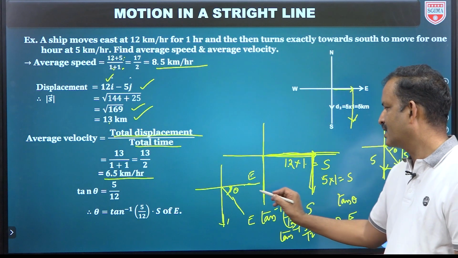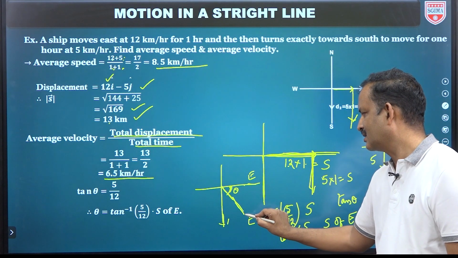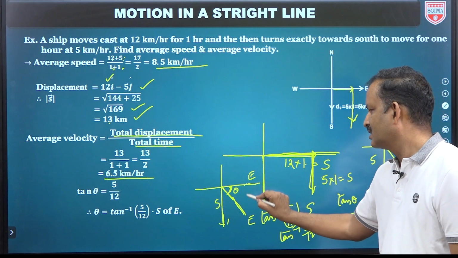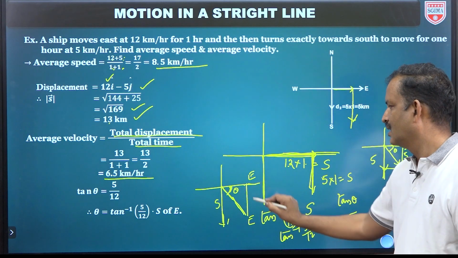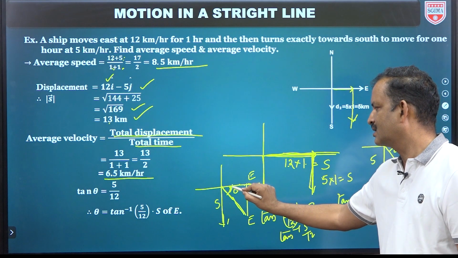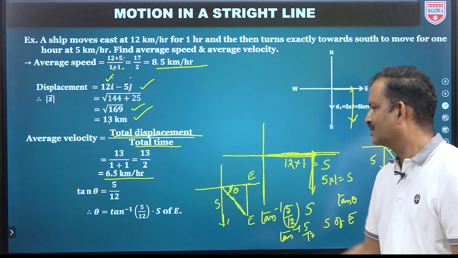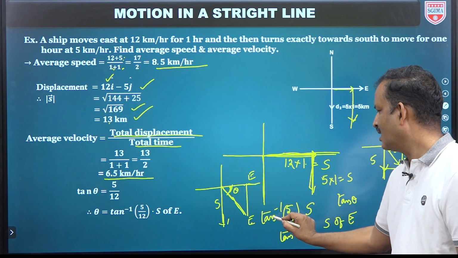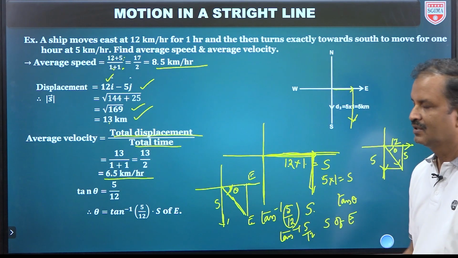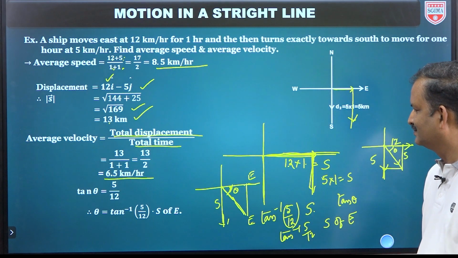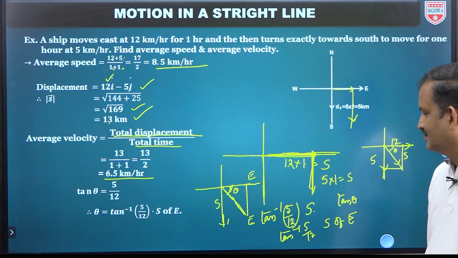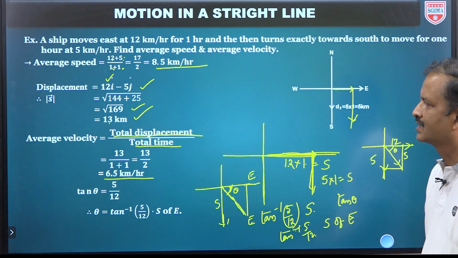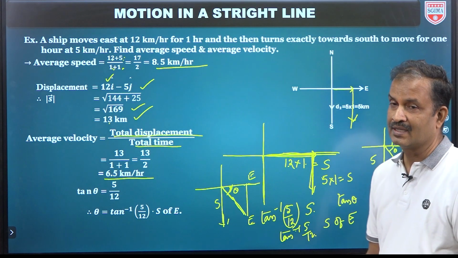So what way do we have to decide? You have to tell this direction. This is east, this is south. First east, next theta, next south. So, tan inverse 5 by 12, south of east. In this way, we can tell the directions.